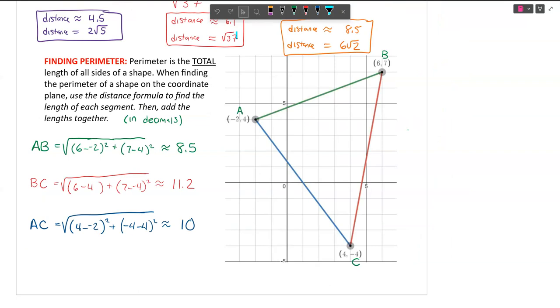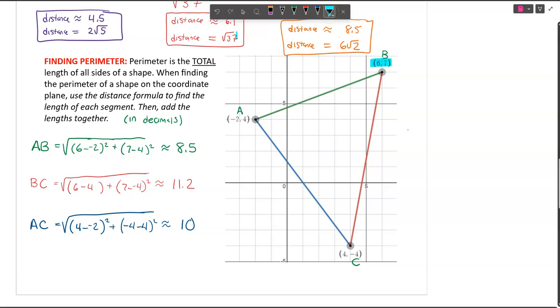So I found the length of the green segment AB. Remember that the formula is written x2 minus x1 squared plus y2 minus y1 squared. What do you count as your first x versus your first y? It does not matter as long as you stay consistent. So for example, I'm not going to do this for all 3, but I had made this my 2 and I had made A my 1 for the green segment as an example.